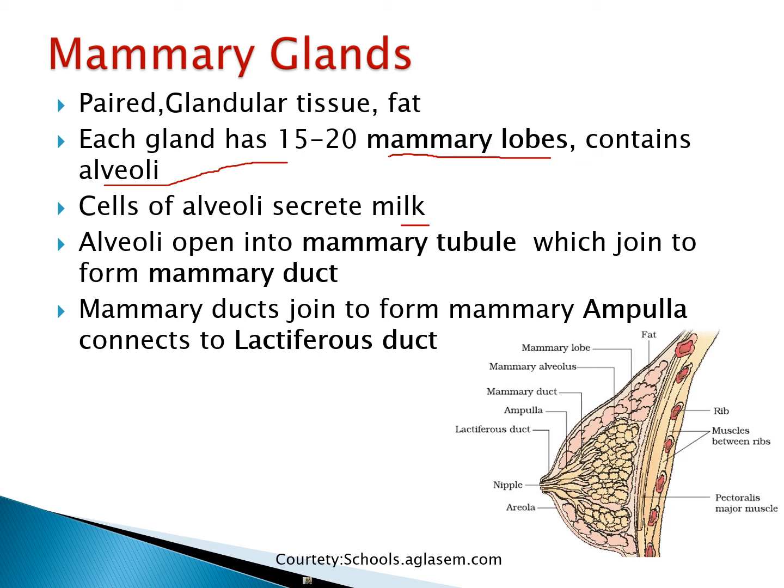These alveoli further have the mammary tubes which join the mammary duct. And this mammary duct finally opens into the ampulla region which connects to the lactiferous ducts. The main role of the mammary gland is to produce milk, which is very nutritious and healthy for a child.